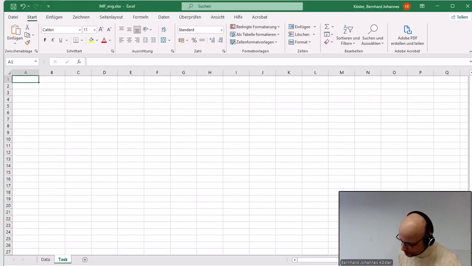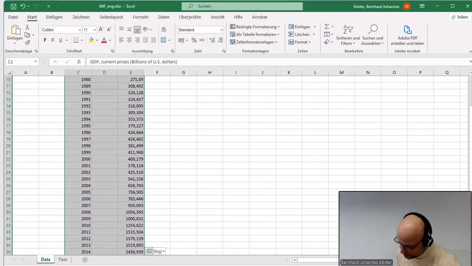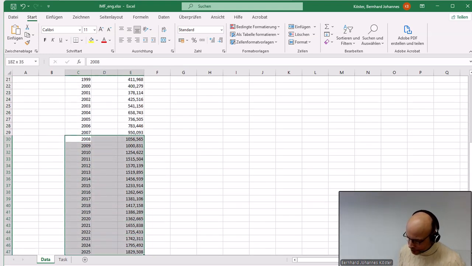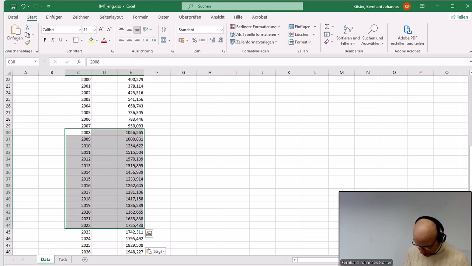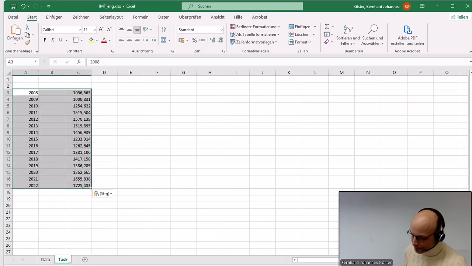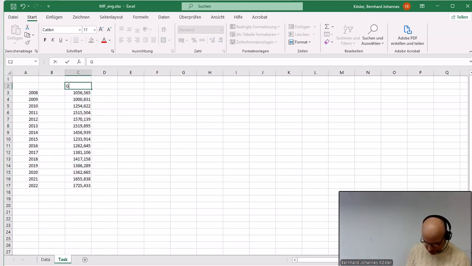So for this, I copy starting from 2008 to 2022. Again, GDP nominal, and we had billion US dollars.